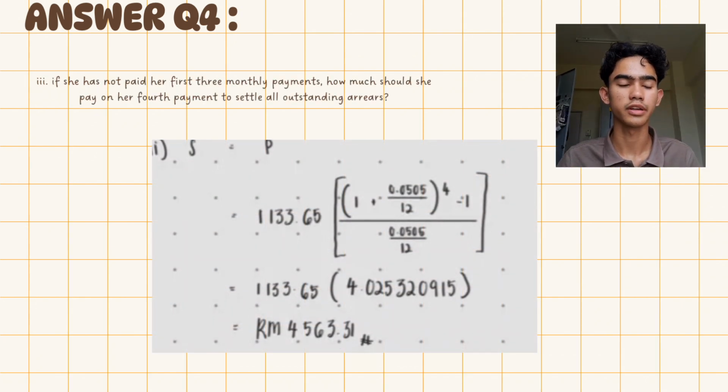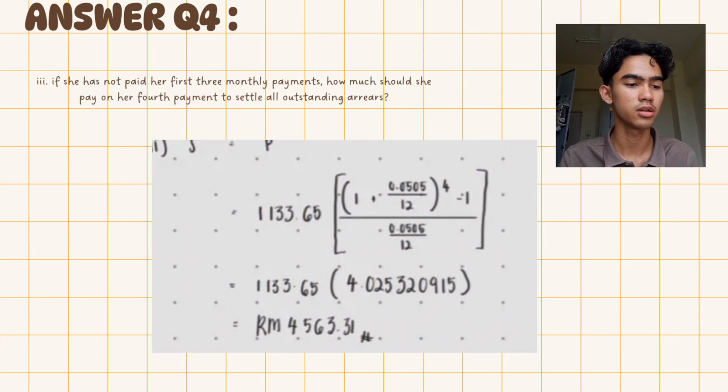Now for the final question, if she has not paid her first 3 monthly payments, how much should she pay on her fourth payment to settle all the outstanding arrears?